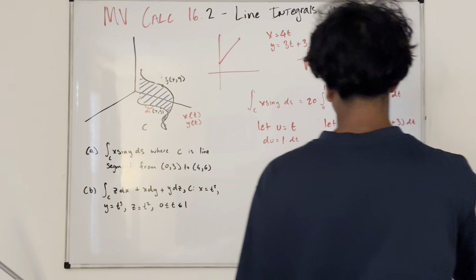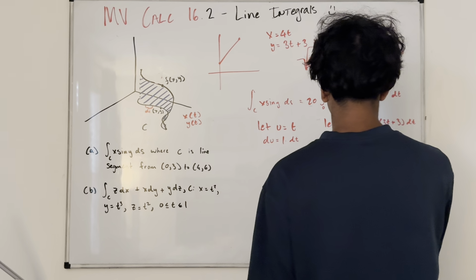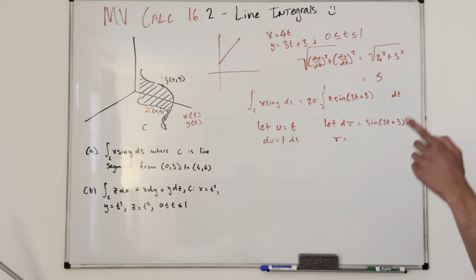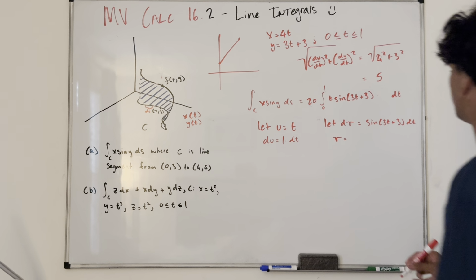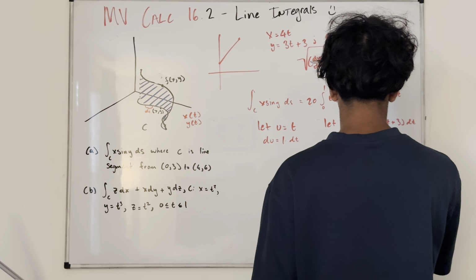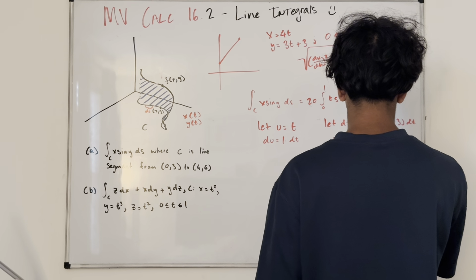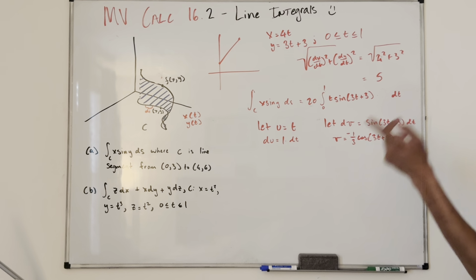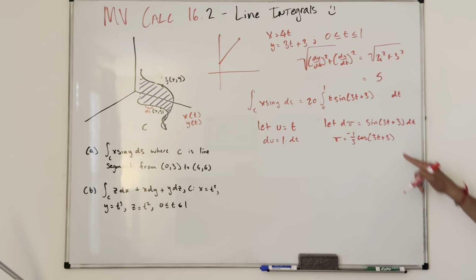If I take the integral of dv, you just have to use the reverse chain rule. You see there's a 3t plus 3 in there, so it's going to be negative 1/3 cosine of 3t plus 3, because when you take the derivative of cosine, you get negative sine. That takes care of the negative, and then you multiply by 3, and you're back where you started.